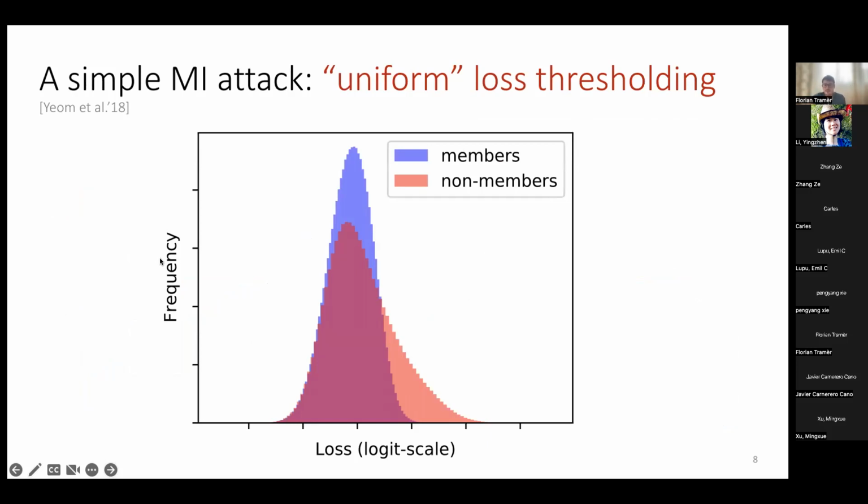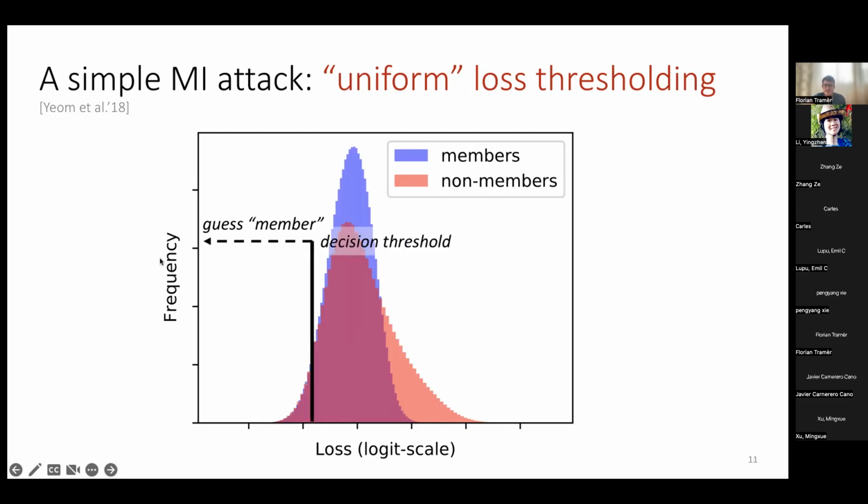From here, what prior attacks have done is to take a threshold on the model's loss: if the loss is smaller than some threshold, we guess that we're looking at a member, and if it's higher than the threshold, we guess that it's not a member. You can set the threshold wherever you want. This might give you slightly higher precision or higher recall.